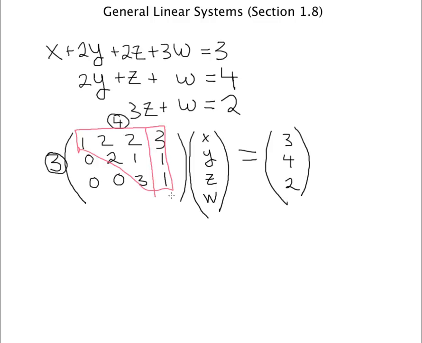So I'll just write out the first equation: 3z plus w is equal to 2. Now, what's new here is that back substitution doesn't give you a unique solution, but given w, it tells you a unique z.